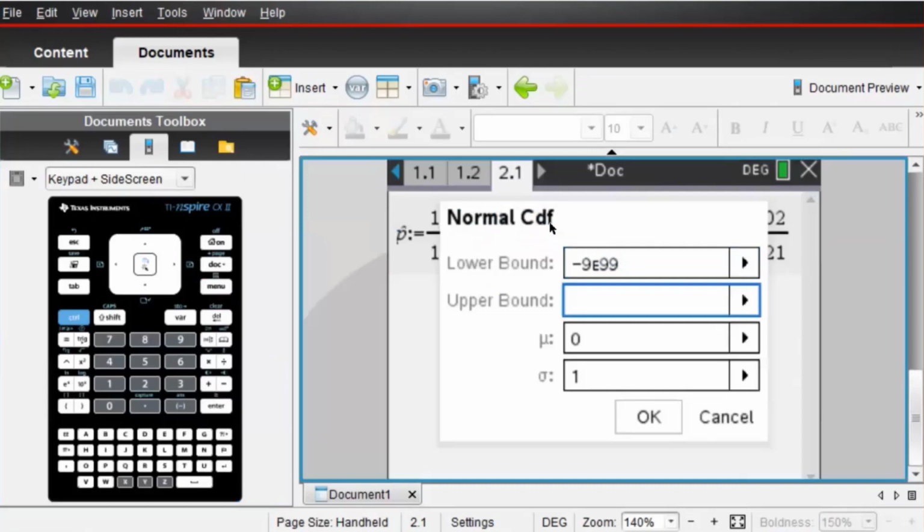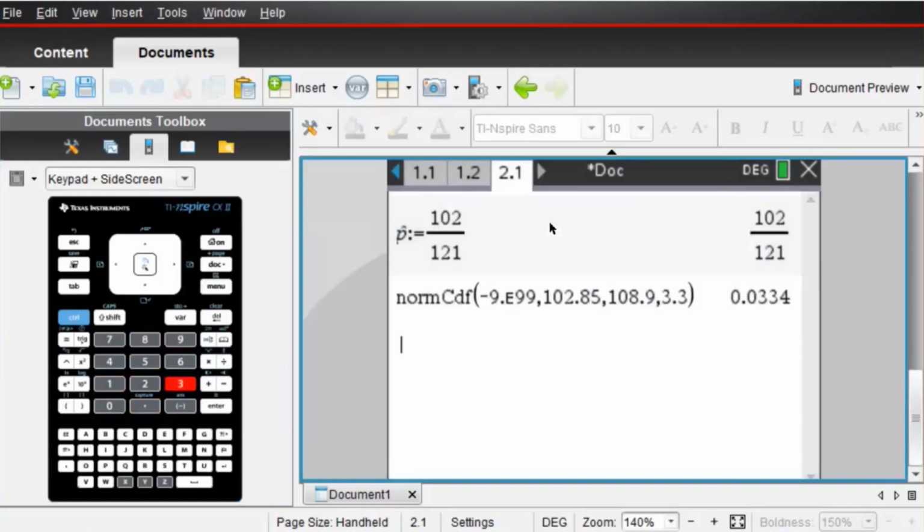My upper bound is 102.85. My mean was 108.9, and my standard deviation was 3.3. Okay, so that gives me the answer there of 0.0334.